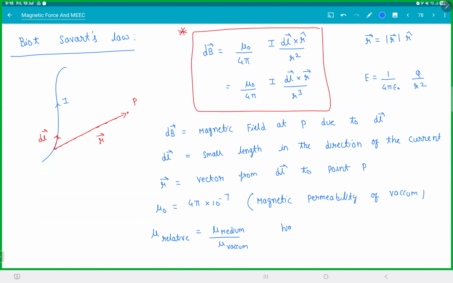So higher the mu, more easily magnetic field lines can pass through. For now, just keep that in mind. We will talk about that again later.